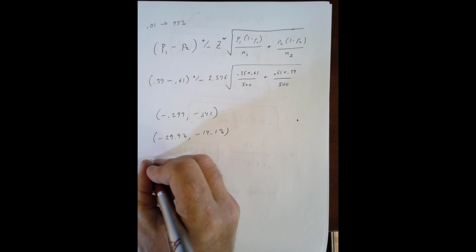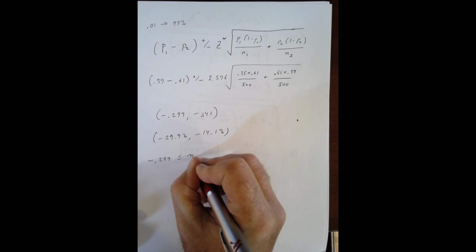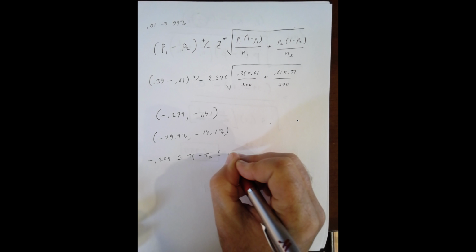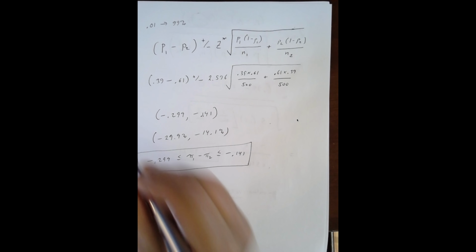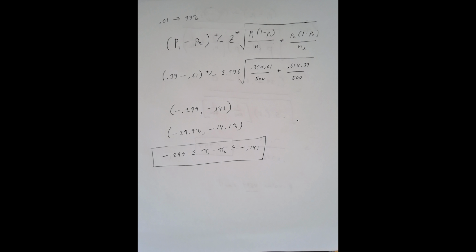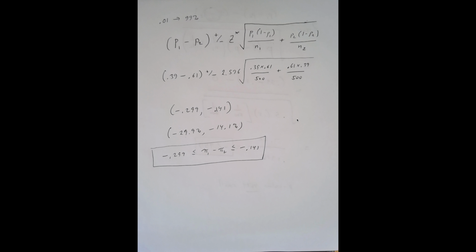I can also see that as negative 0.299 less than or equal to pi 1 minus pi 2 less than or equal to negative 0.141. So the difference in the percentage of women who use their mobile devices to buy clothing compared to men, it seems like it's somewhere between 30% and 14% lower for men than for women.